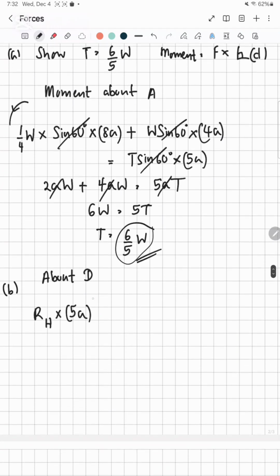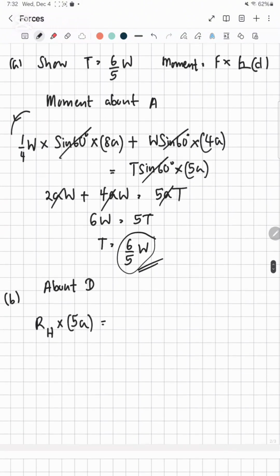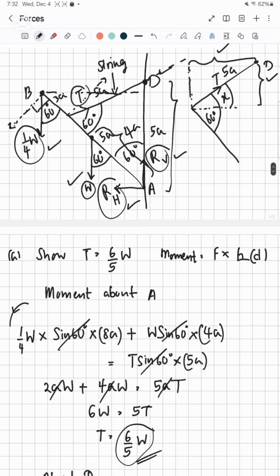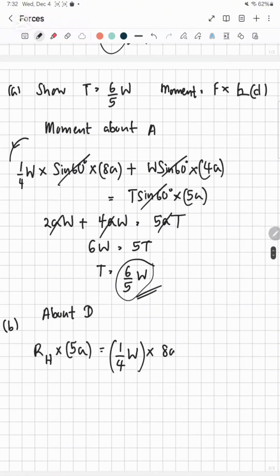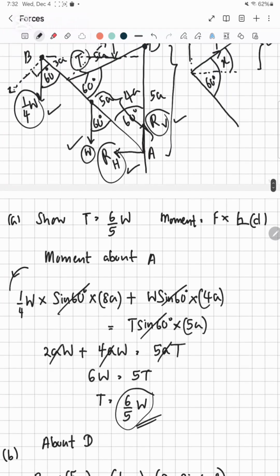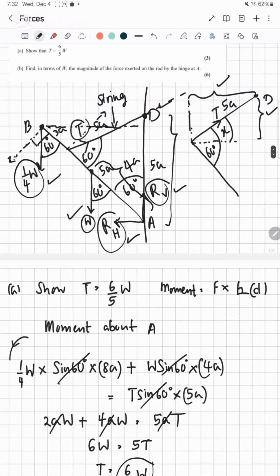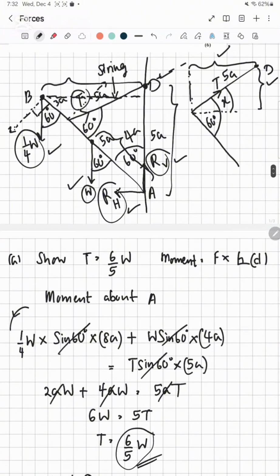So this is clockwise. Clockwise equals anticlockwise. So you can write 1 over 4 W into 8A sine 60. So 8A sine 60 is this distance, from here to here, the horizontal distance.